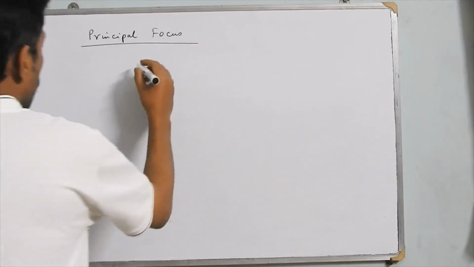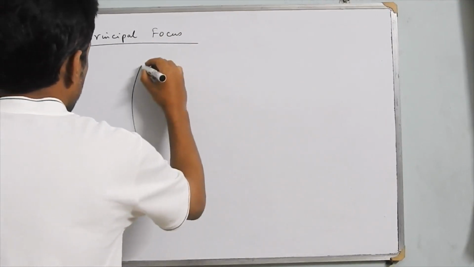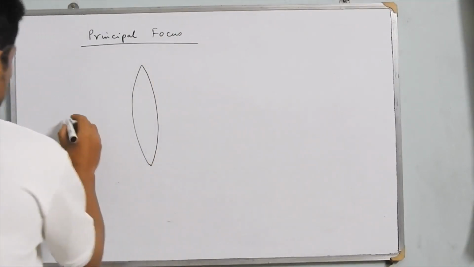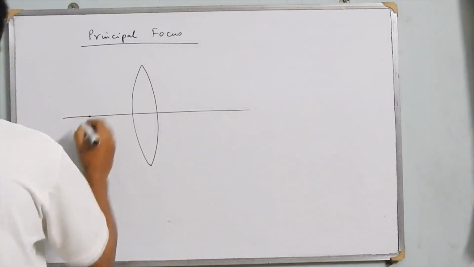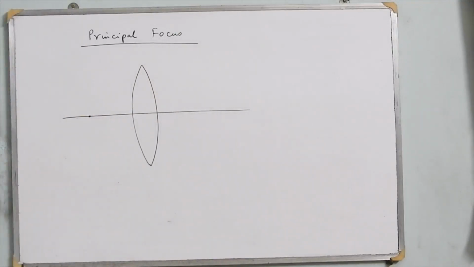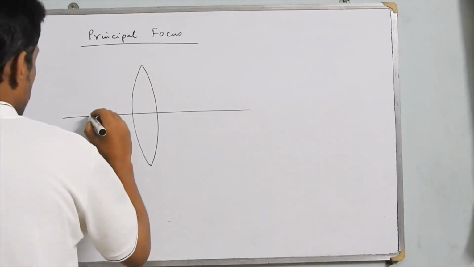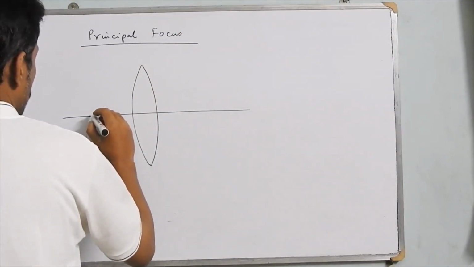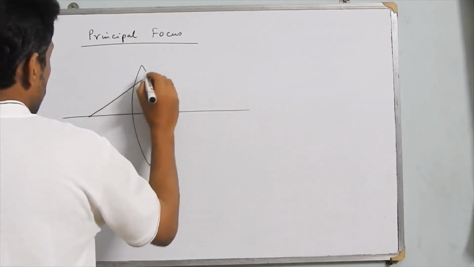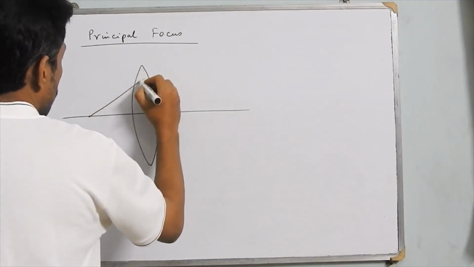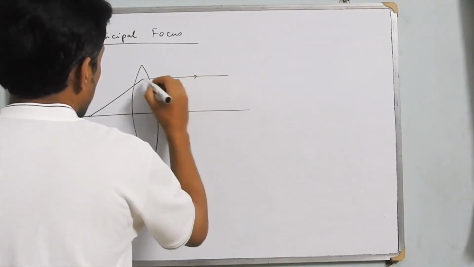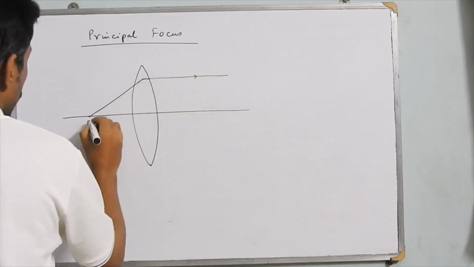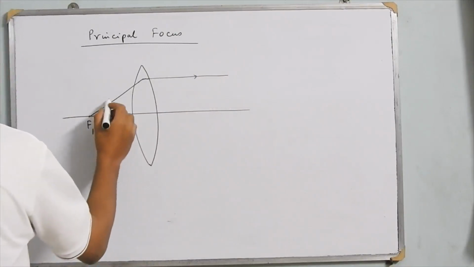So suppose with respect to a convex lens, we have a point on the principal axis such that a ray of light that originates from that point, after refraction at the lens surface, becomes parallel to the principal axis. Then that point will be called the first principal focus.